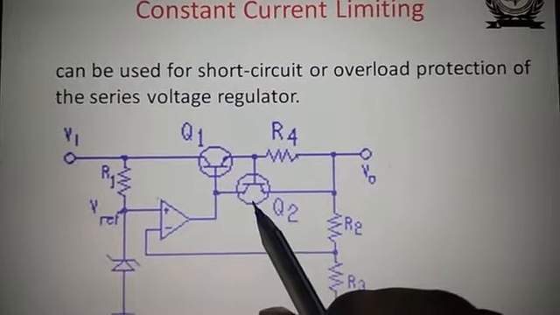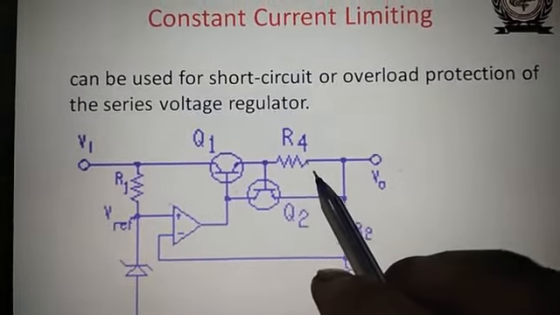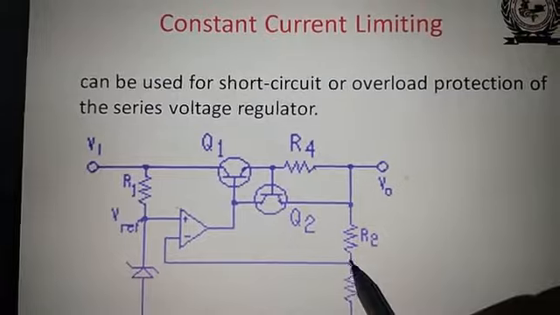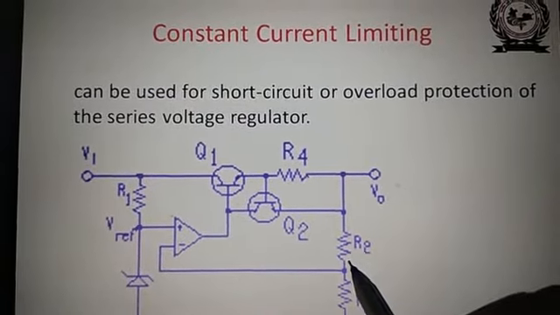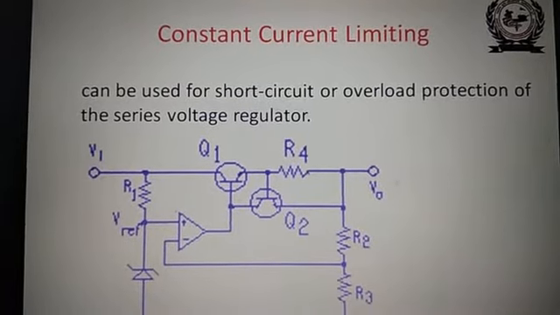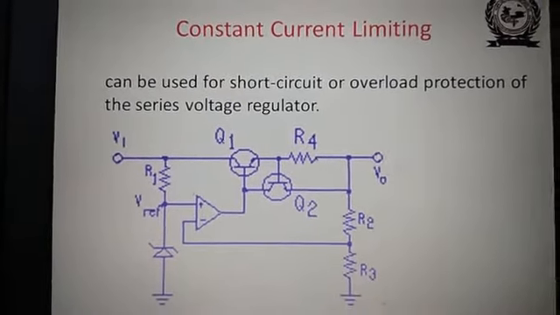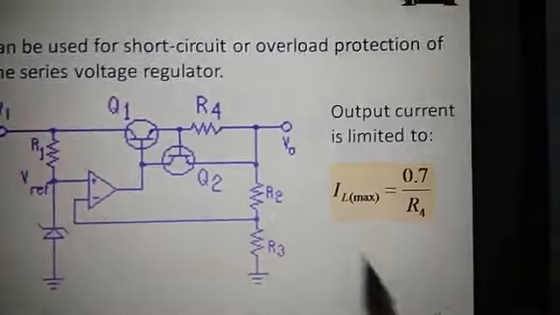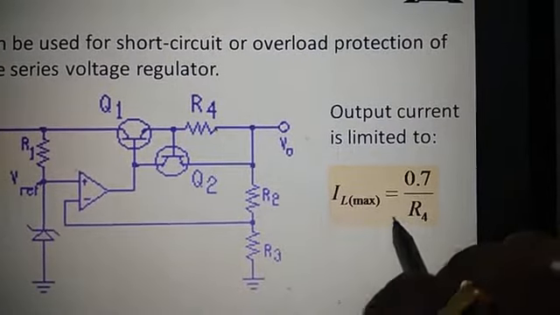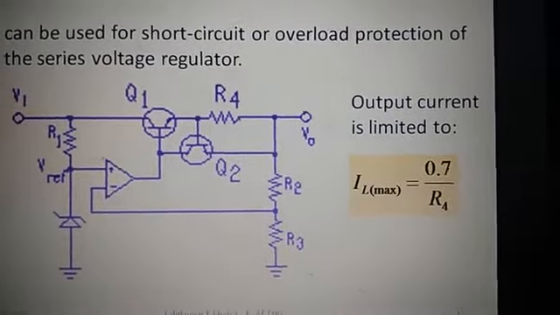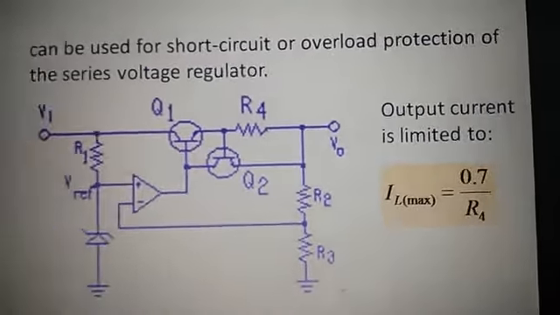So what will happen? This Q2 will limit the current flowing through this R4 and this load here. So the current will be protected from this overload. This is a constant current limiting circuit. Output current is limited to IL max equal to the base to emitter voltage, 0.7 volt, upon R4.